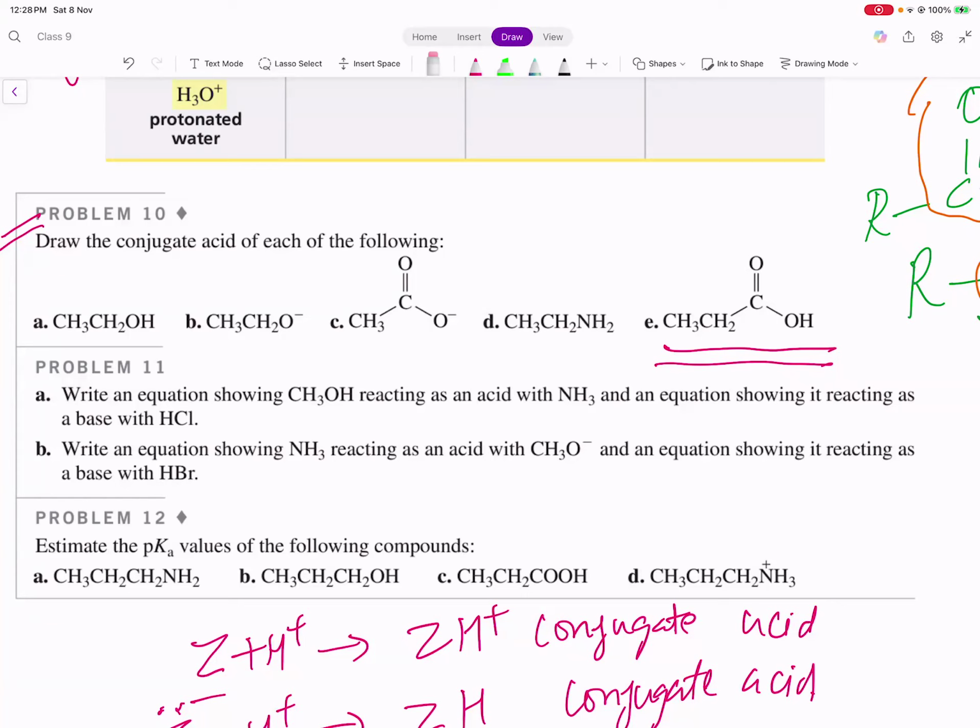Next, I'm waiting for answers from Ananya. Okay, Ananya, where are the answers? One minute, I'm on the 12th one. Okay.